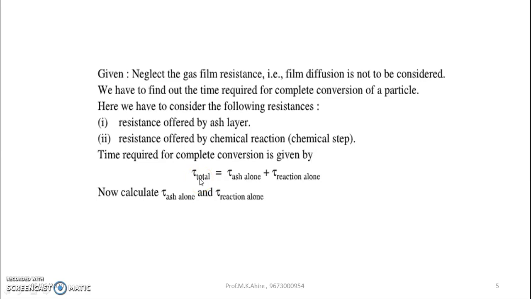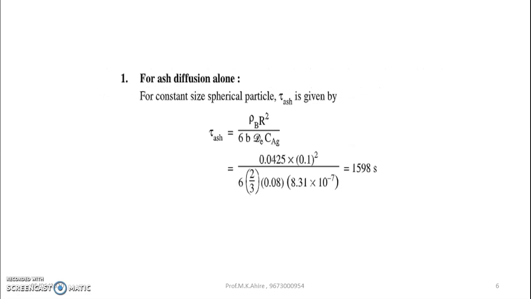So if two resistances are present, you will calculate two taus: tau for ash and tau for reaction alone, as gas film resistance is neglected, right?